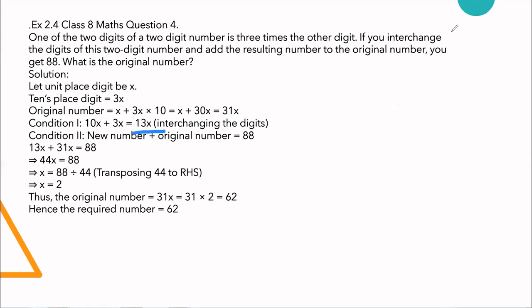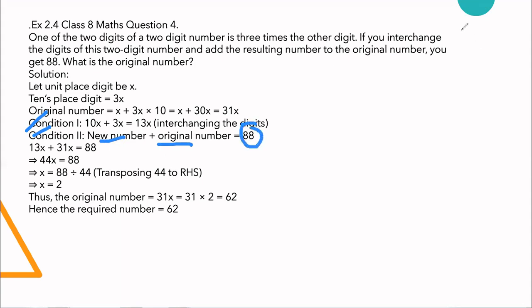So you must always concentrate on your previous sums, right? If you are getting confused in applying condition number 1, do go back and watch my question number 3, right? So let us apply our condition number 2. As I told, new number plus original number will give us the answer as 88.